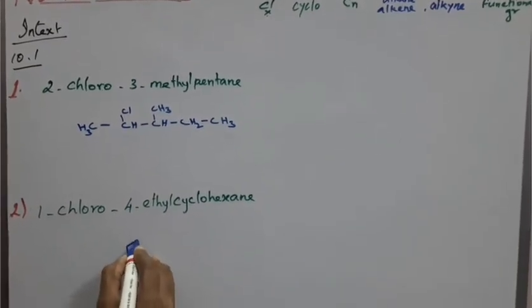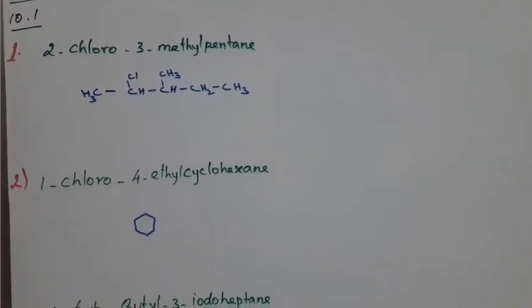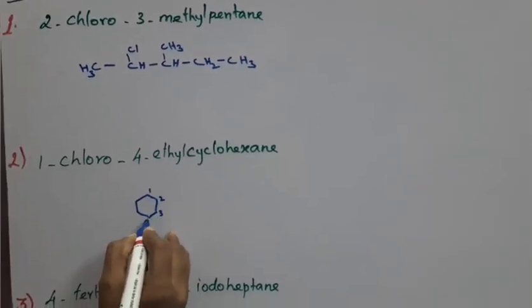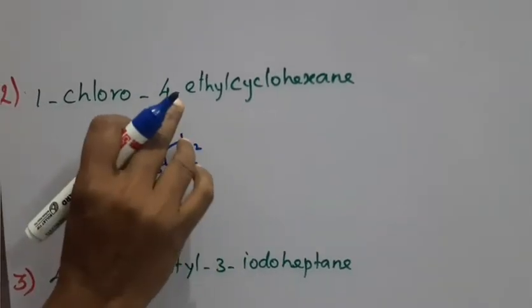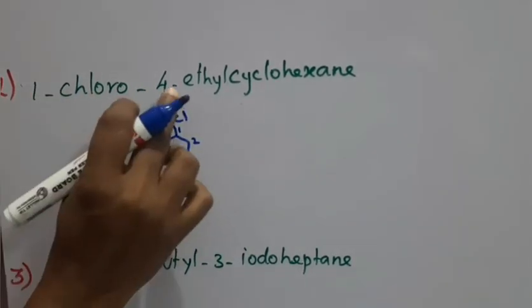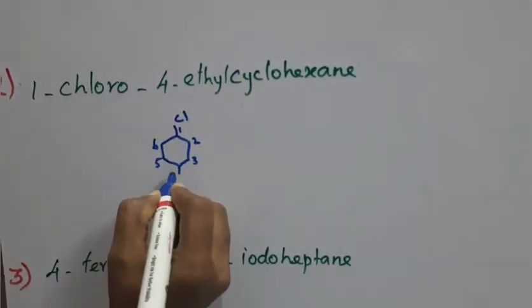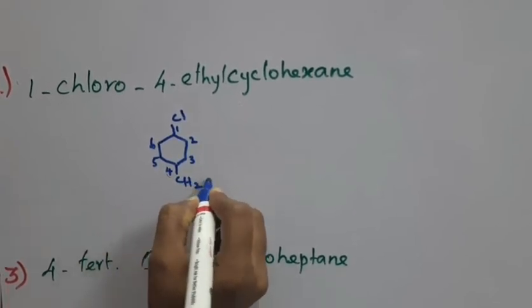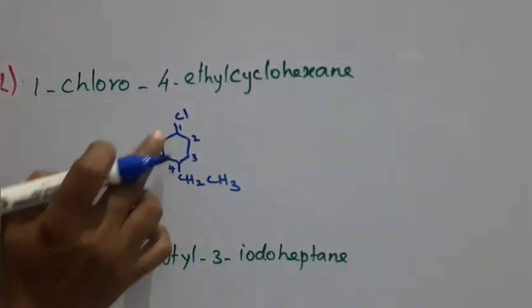First draw the cyclohexane and number it 1 to 6. Then 1-chloro means the first position has chlorine, and 4-ethyl means the fourth position has an ethyl group, that is CH2CH3. This is 1-chloro-4-ethylcyclohexane.